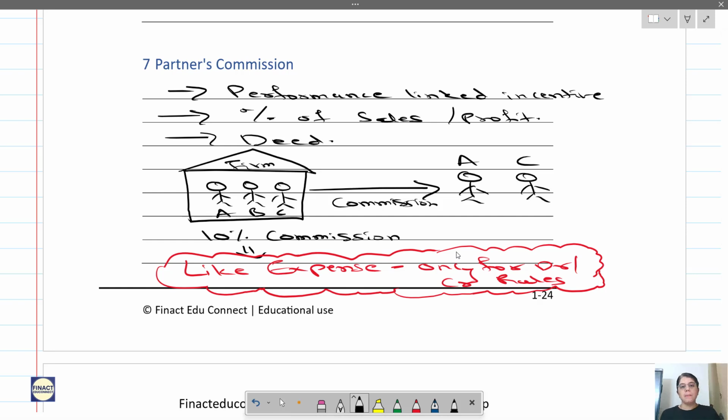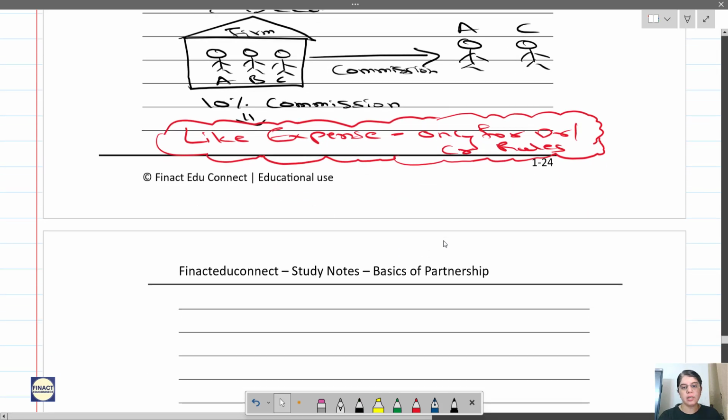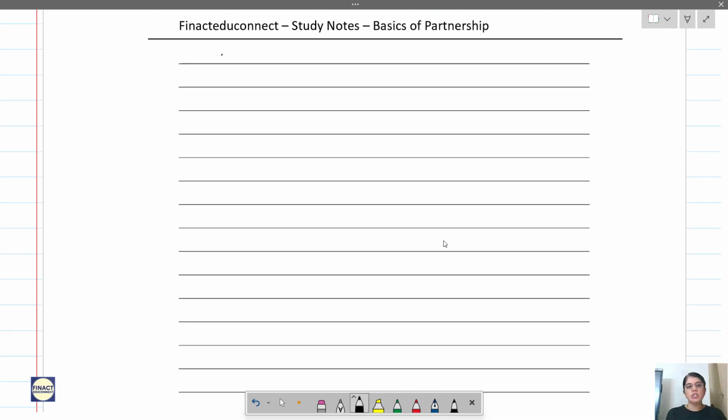Next, partner's commission. Partner's commission is again paid by the firm to partners. It is like an expense for the debit credit rule. So understand the journal entry for this. Adjusting entry. What are the accounts affected?